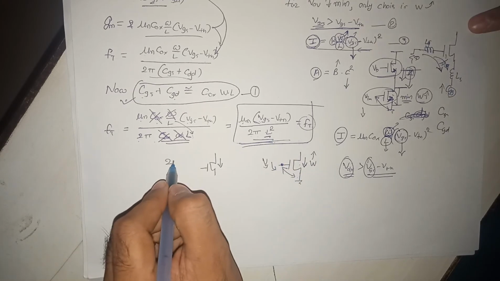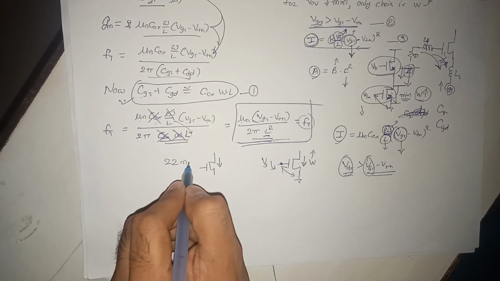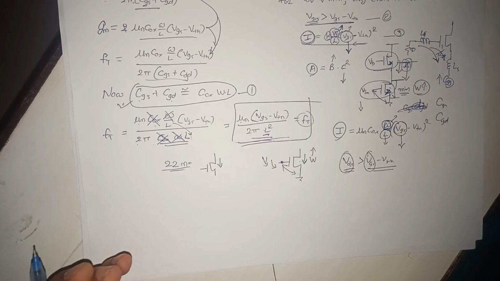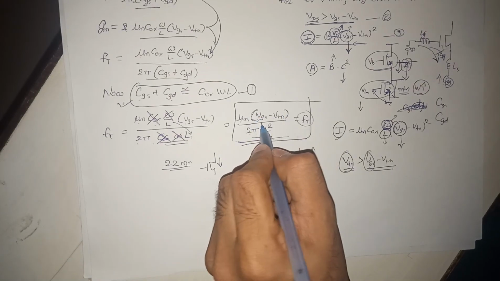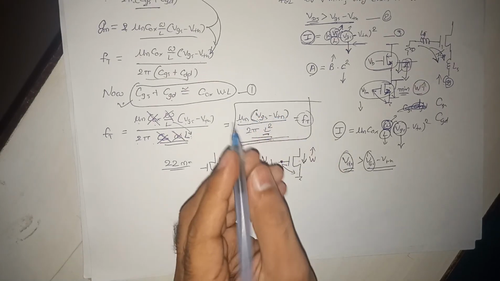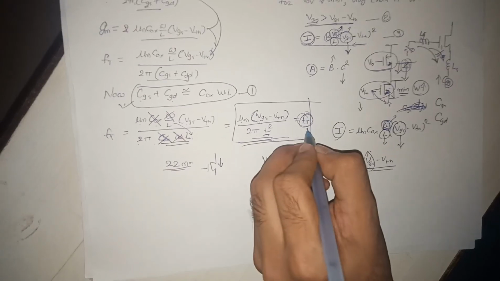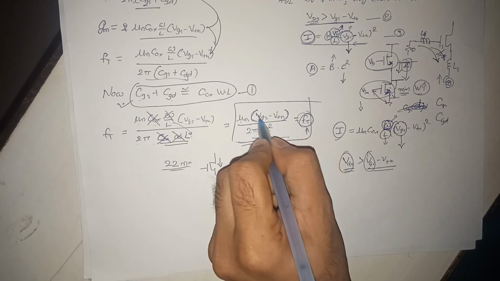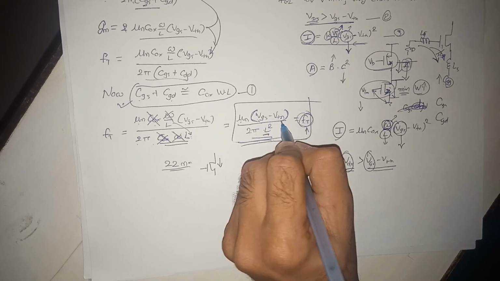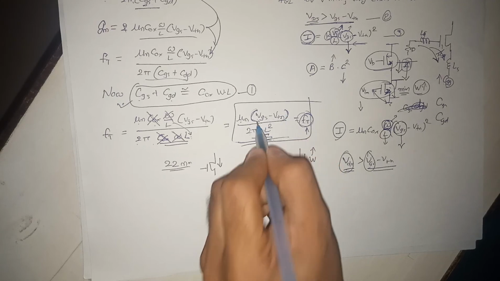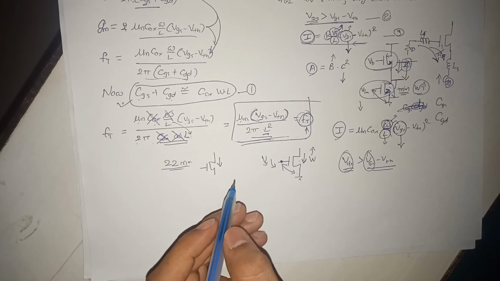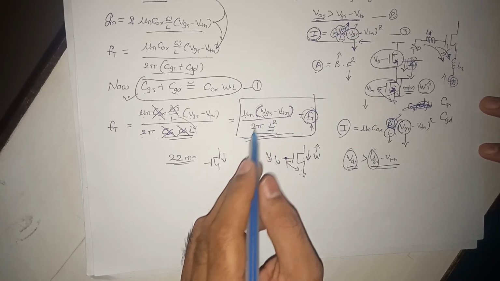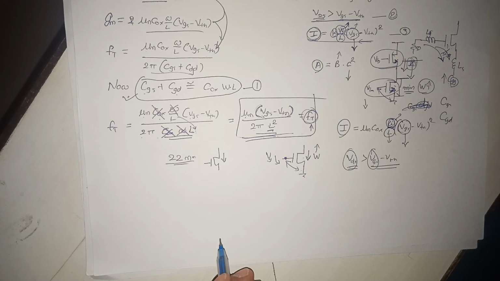Let's say I'm using 22 nanometer PDK. After 22, there is no option to go below that, right? So the FT can't go above some limitation with respect to VGS minus VTH, and this parameter we are trying to decrease. So this is how our speed will be limited if we want lower supply operation.